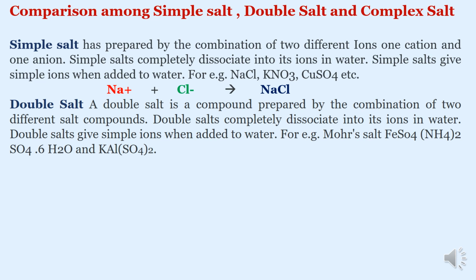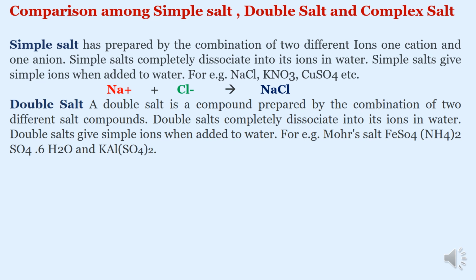A double salt is a compound prepared by the combination of two different salt compounds. A double salt completely dissociates into its ions in water, and gives simple ions when added to water. For example, Mohr's salt.